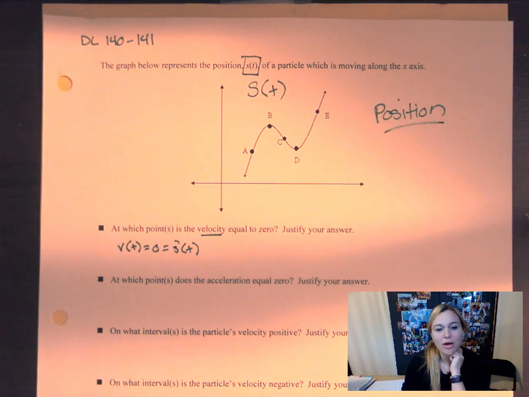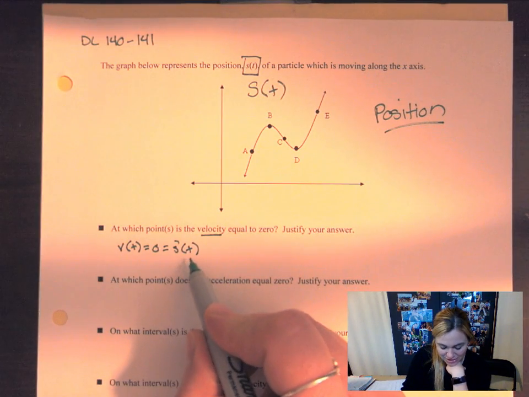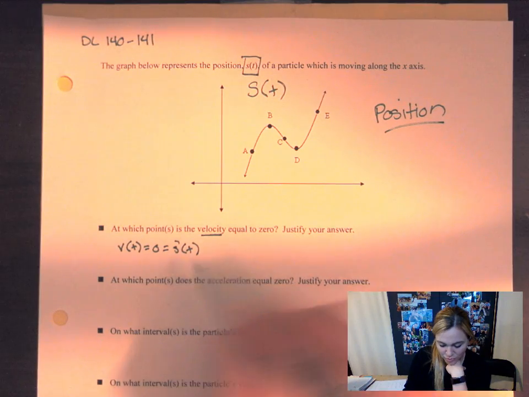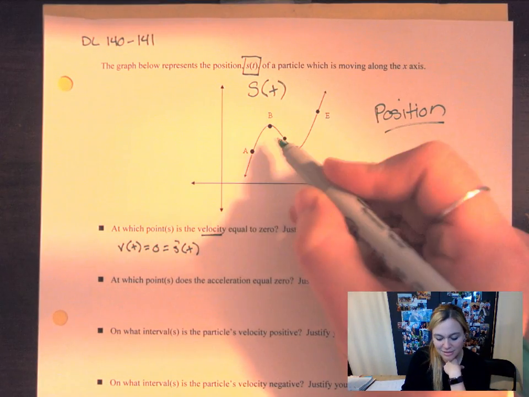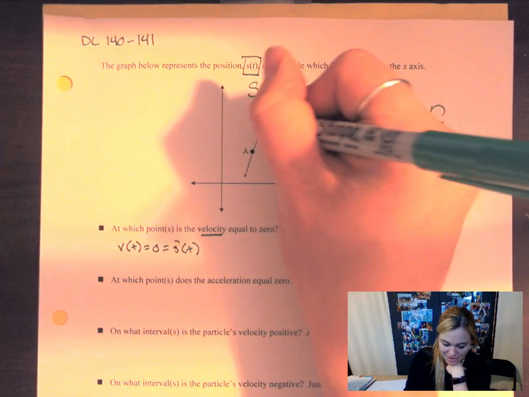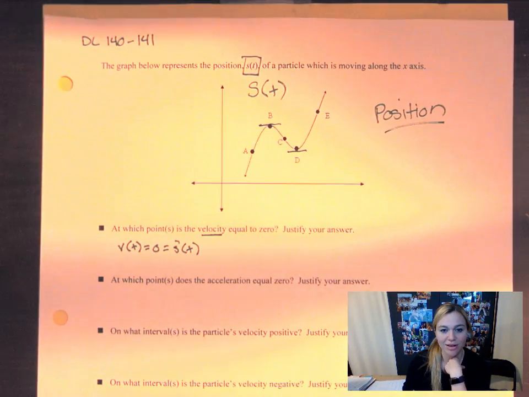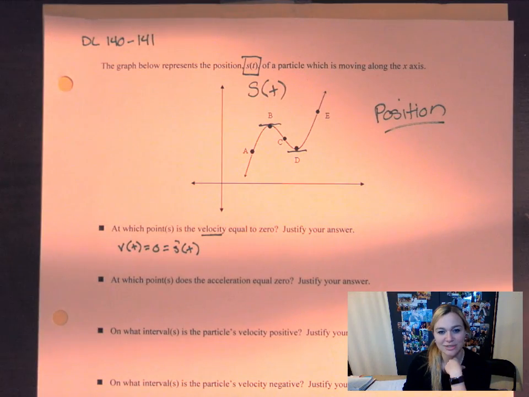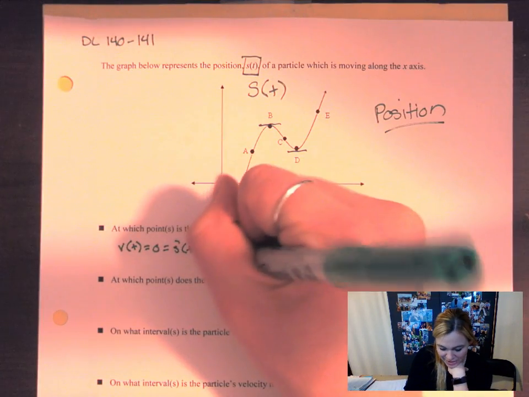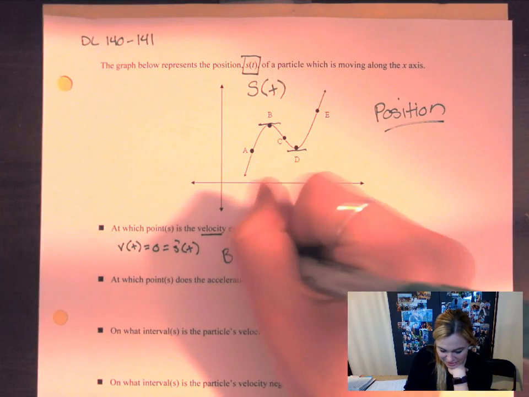So the slope of the tangent, s prime of t, would be equal to 0. When would that happen? If I made a tangent line here, or here, this is when I've got horizontal tangent lines. So my answer is going to be B and D.